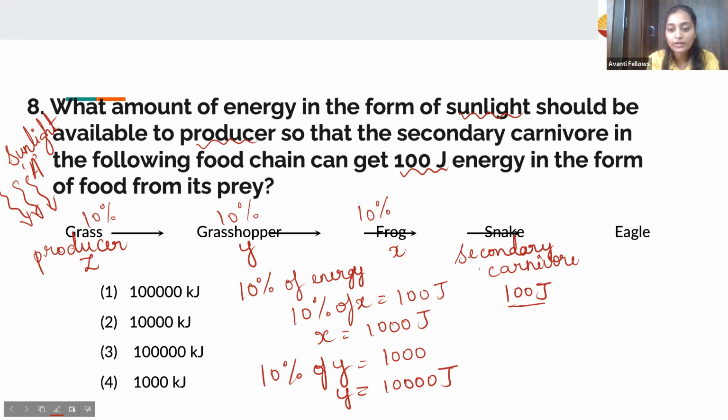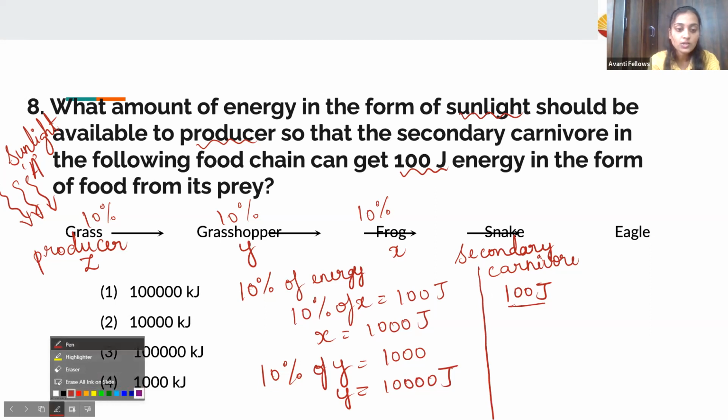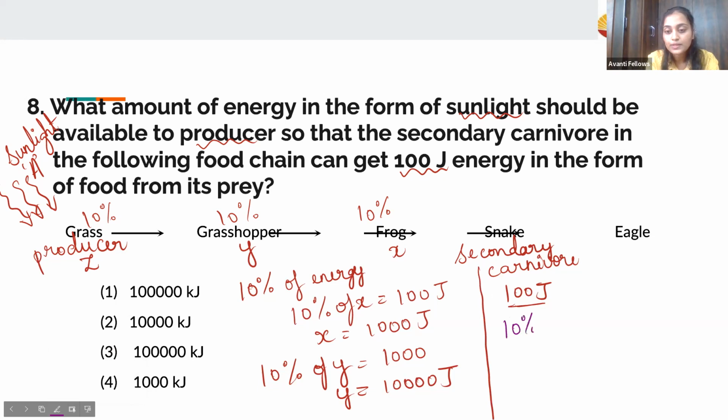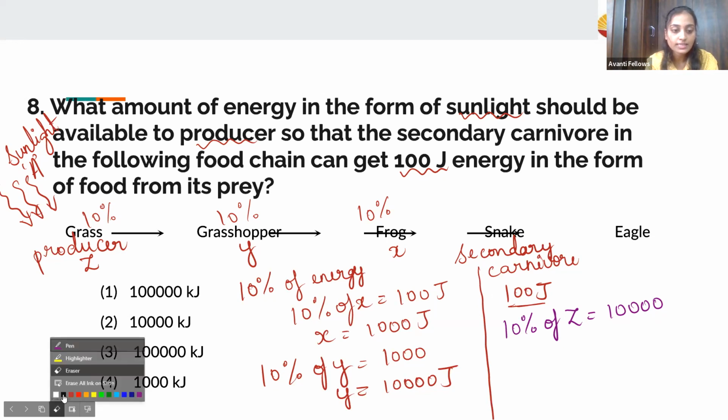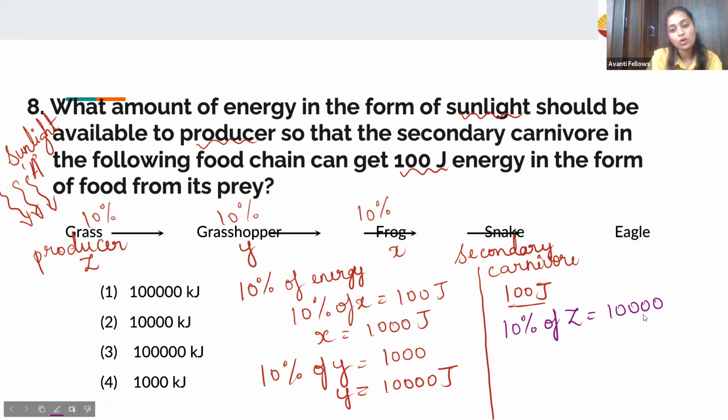So if the grasshopper has 10,000 joules of energy, that is the energy obtained from 10% of the grass. We have taken grass as Z. So 10% of grass is equal to 10,000, the energy of the grasshopper.